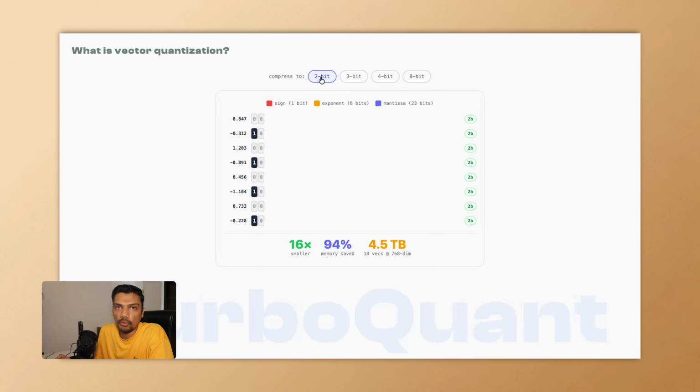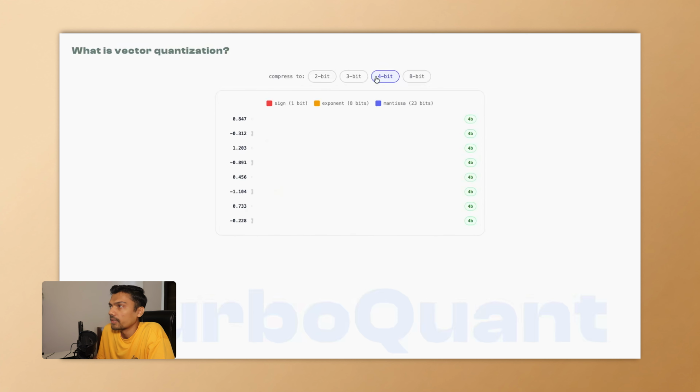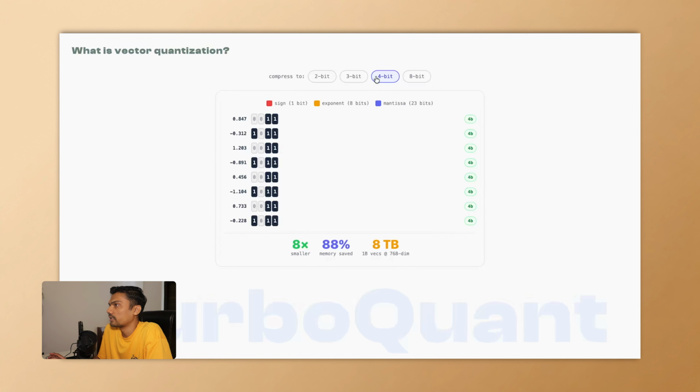Here is what vector quantization solves. Instead of storing a vector in 32-bit floats, we compress each value to a small integer like 3 bits or 4 bits or even 2 bits. So a 4-bit quantizer cuts memory by 8 times, a 2-bit cuts it by 16 times.